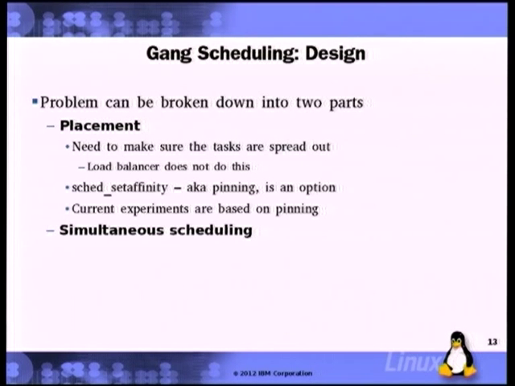If I have 4 CPUs in a core and a 4 vCPU VM, each vCPU has to be assigned to each CPU. This has been achieved using pinning in the current experiments, and simultaneous scheduling is what I discussed earlier.